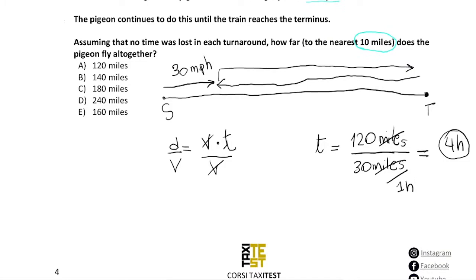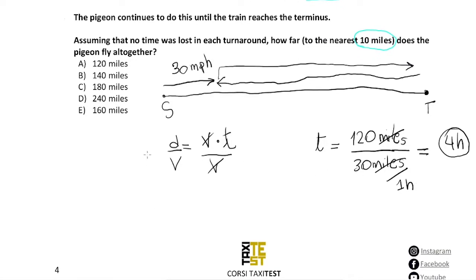arrive at the terminus. At this point, we can do the same thing for the pigeon. Let's see how long the pigeon takes to travel the same distance as our train. So we know that the total distance the train travels is 120 miles, and the pigeon in this case goes at a speed of 30 miles each hour.